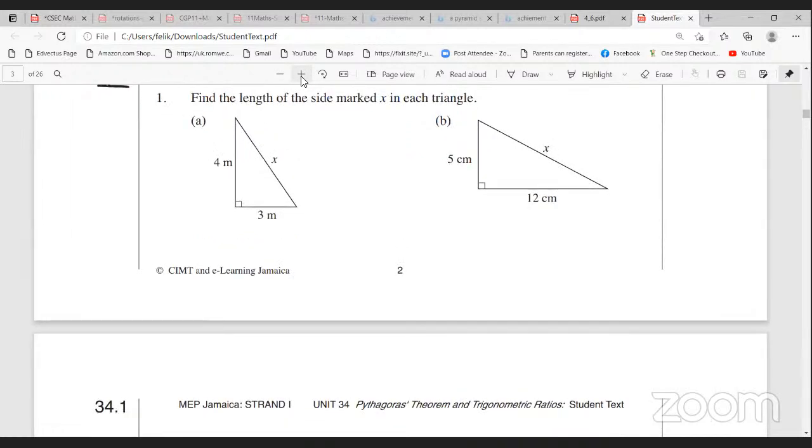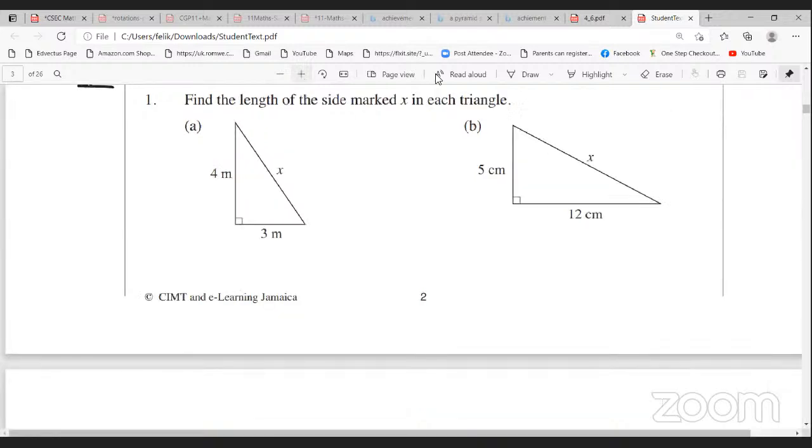What would I use for question 1? Am I using Pythagoras theorem, trig ratio, sine rule, or cosine rule?